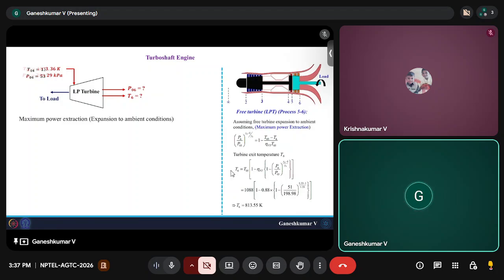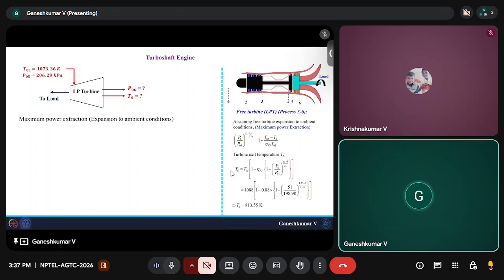Now this gas is going to go through the LP turbine, and the LP turbine is going to extract as much energy as possible. It cannot continuously extract energy because the air also has to leave the engine, and it cannot leave the engine at pressures lower than the ambient condition. So for maximum power extraction, the expansion has to happen only up to ambient condition.